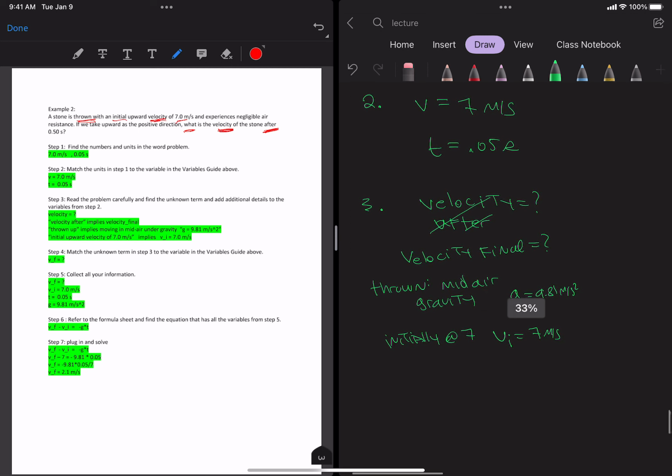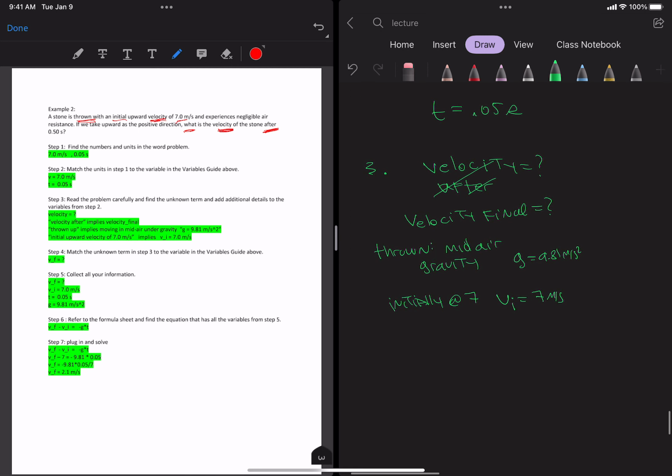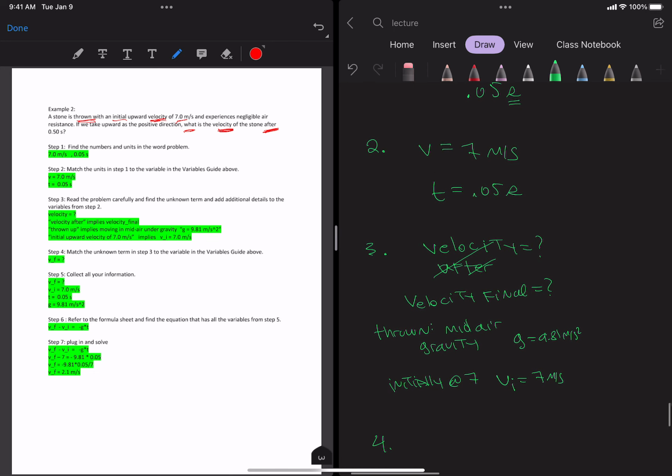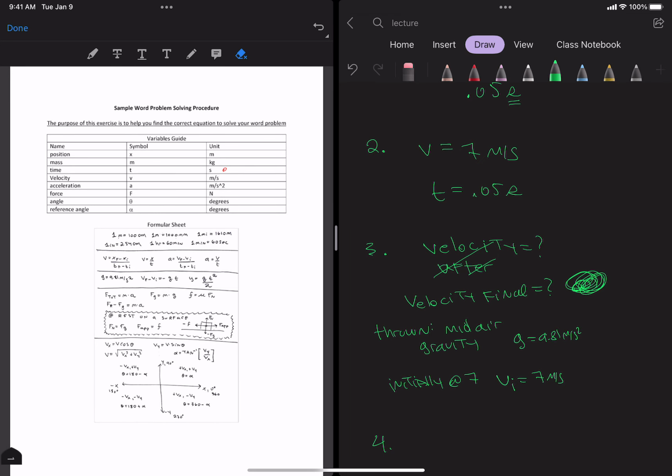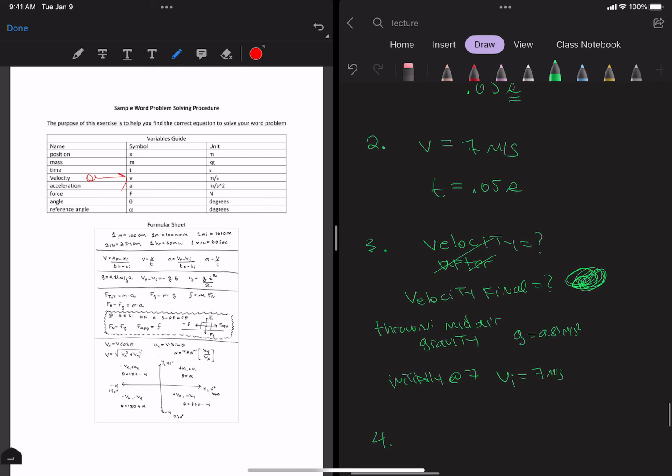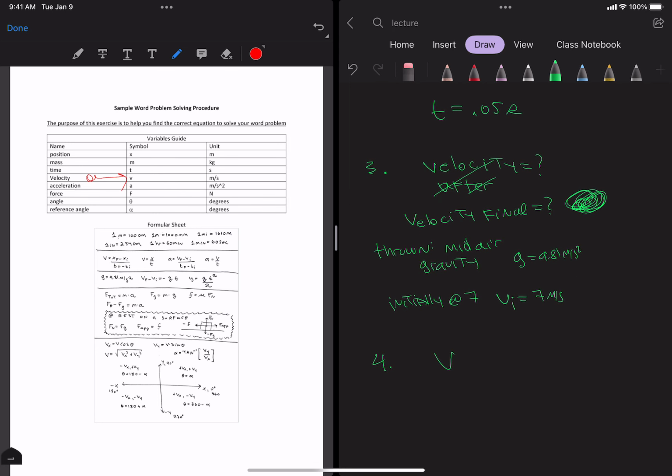Now let's go on to the next step. The next step is to go back to the variables guide and find the symbol that corresponds to this one here. So for velocity, I'll use V. So what we want to find is V final.